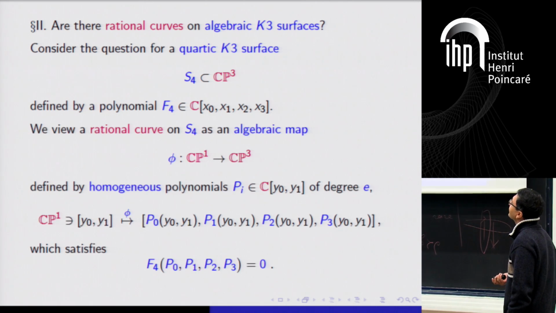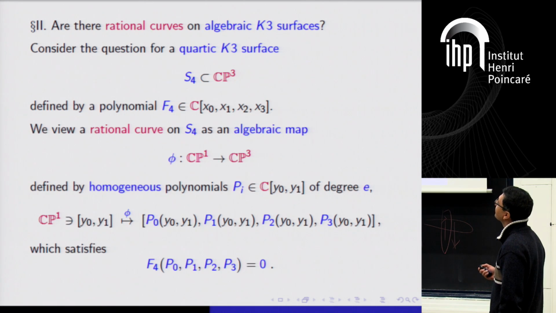So how do I do that? Well, what is a rational curve? A rational curve is a map from CP1 to CP3. And how you write a rational curve is you write down 4 polynomials of any degree. You pick some degree E, you write down 4 polynomials, and this gives you a map from these 2 variables of CP1 to the 4 variables of CP3, and this is a rational curve.